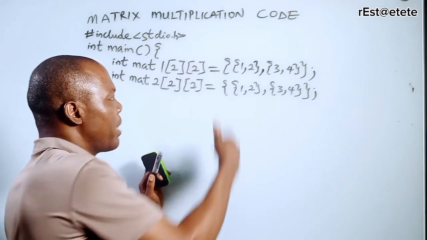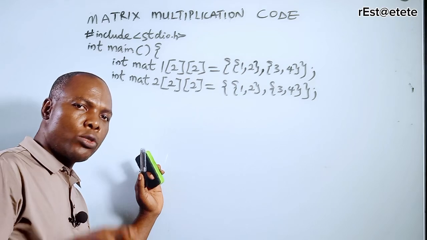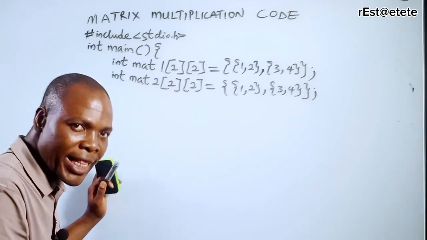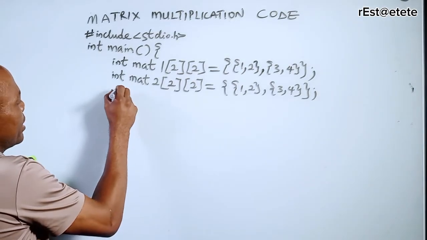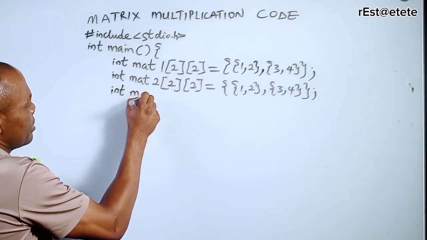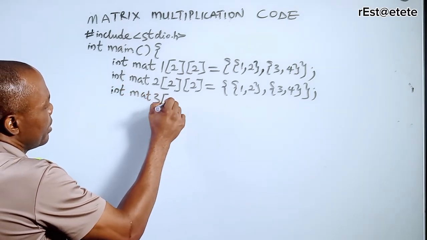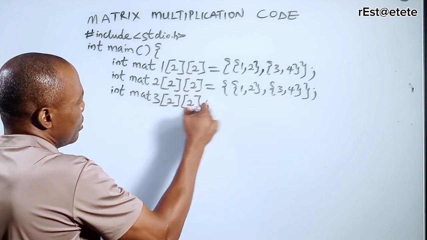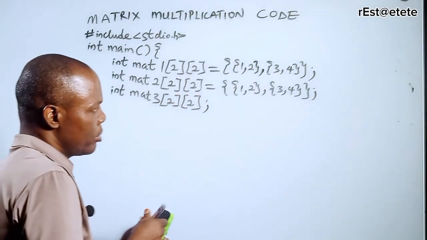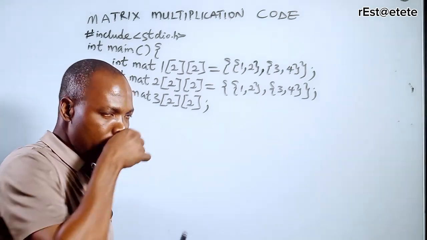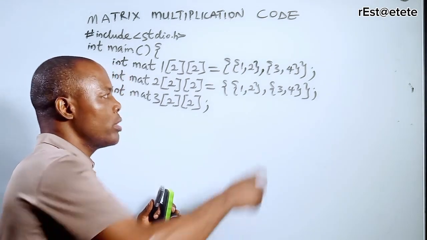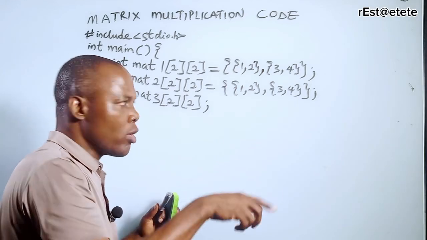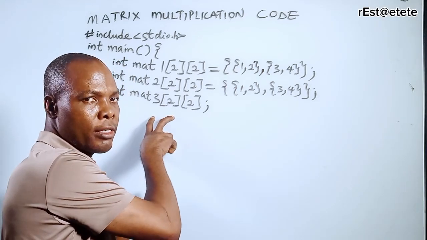But we want to multiply this array and this array, so we are going to have the third array. So we have to also declare that array. So we say int mat3, 2 by 2. We have to declare it so that the memory space will be allocated. Then all we need to do is, when we are multiplying this, we'll be filling up the address for it.